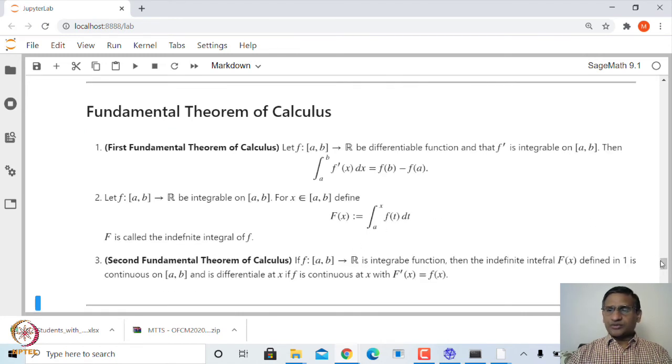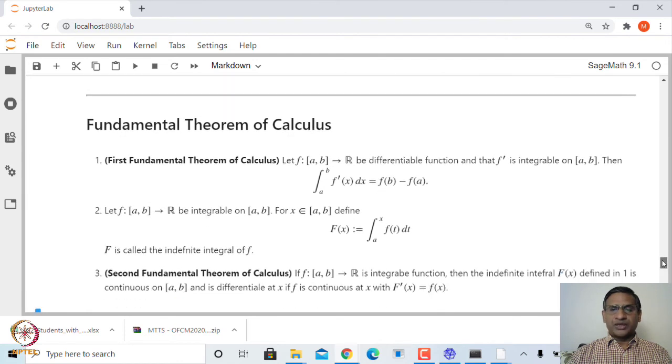We are taking any x and finding the area under the curve f(t) from a to x, and one can show that this function F(x), which is called the antiderivative or indefinite integral of f, will be differentiable: in case small f is continuous at x, then capital F will be differentiable at x, and not only that, the derivative of capital F at x is small f(x). That is what is called the second fundamental theorem of calculus.